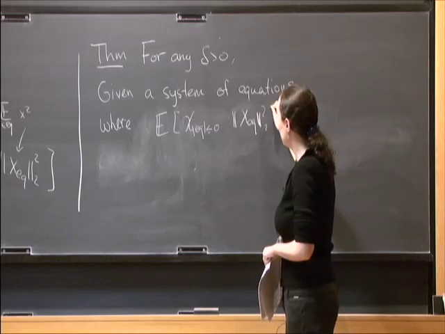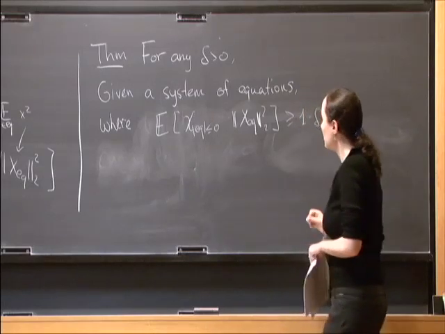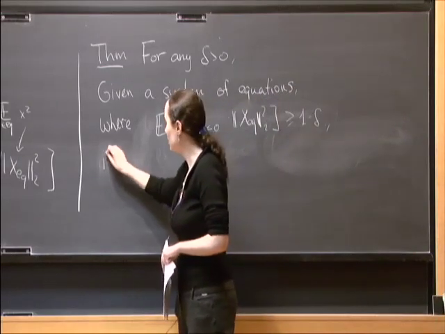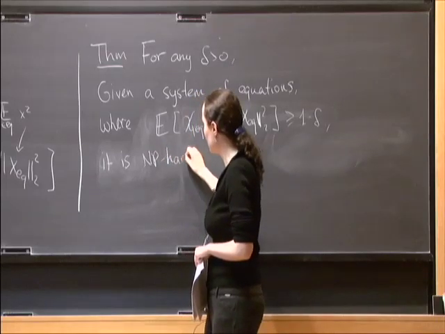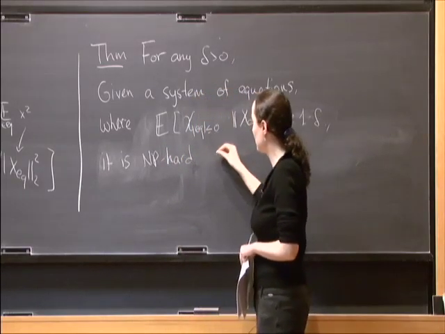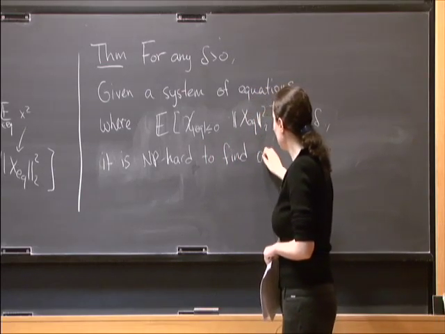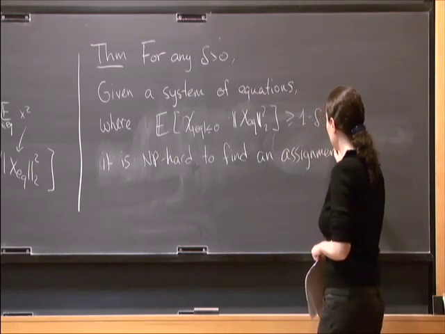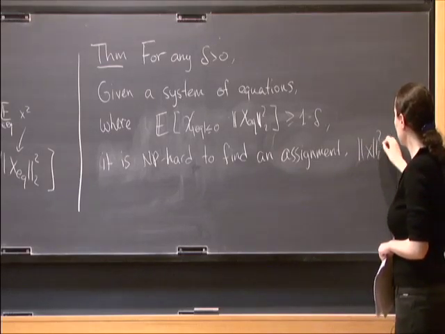The assumption looks like this: if this is at least 1 minus delta, okay, it is NP-hard to find an assignment with norm 1 and bounded.